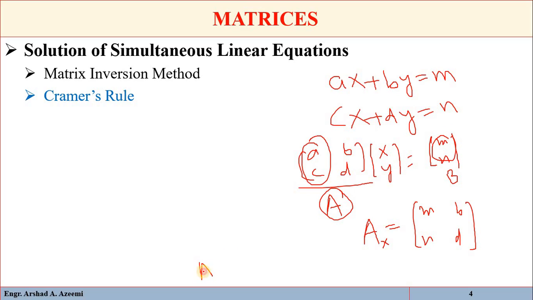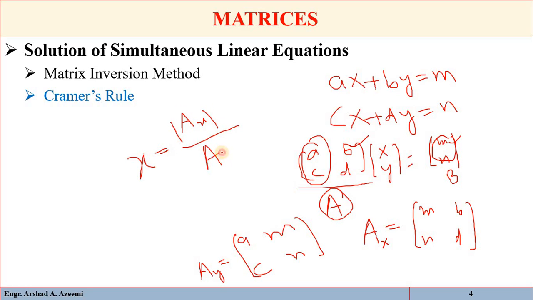Similarly, if we replace the second column of matrix A by those values, it will be called matrix AY, with a, c, m and n. Then we have the formula that x will be equal to the determinant of matrix AX divided by the determinant of matrix A, and y will be equal to the determinant of matrix AY divided by the determinant of matrix A.